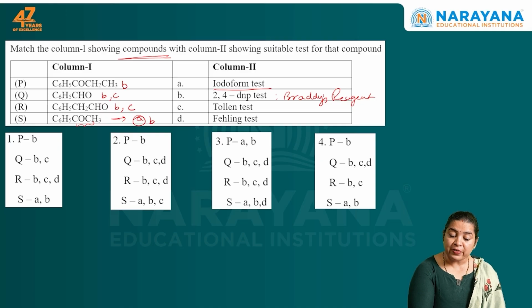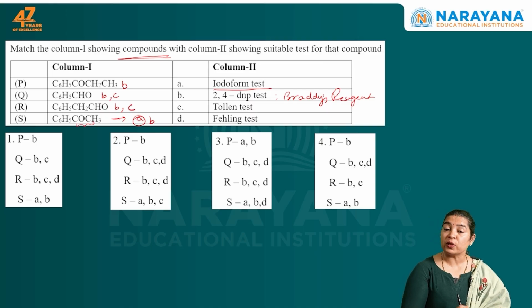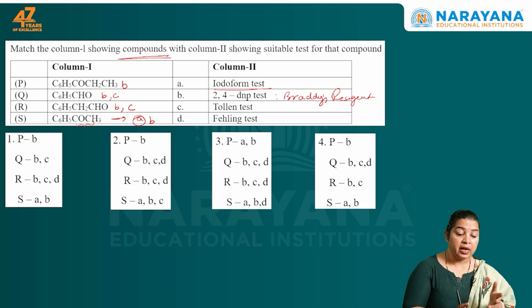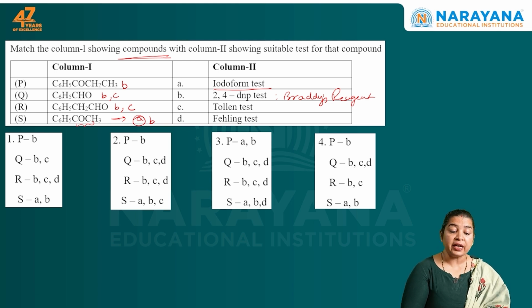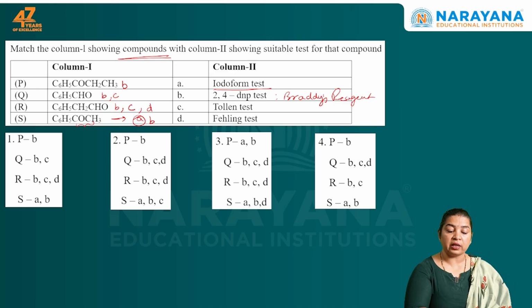Next comes the Fehling. Fehling is also a test for aldehydes, but a very important point, aromatic aldehydes fail to give Fehling test, right? And Q, yes, being an aldehyde, we might expect it to give Fehling, but it is an aromatic aldehyde. So, it will not give, whereas this will give.